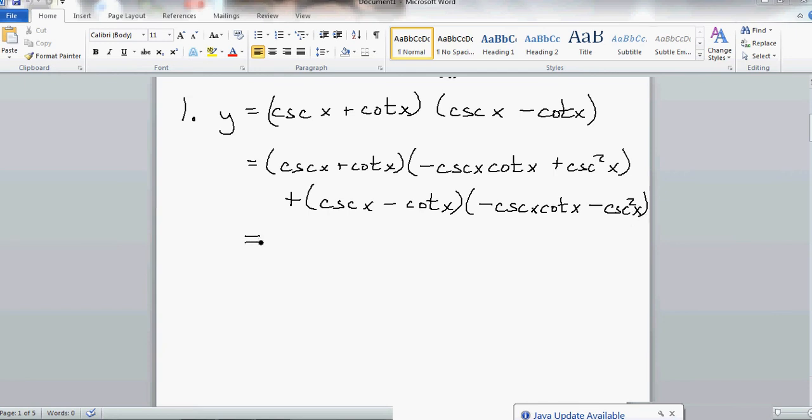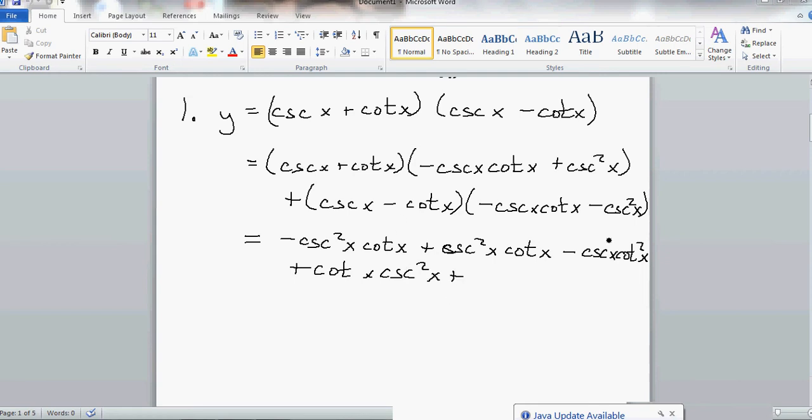And now it's just a matter of combining them all together. So FOILing this out, we get negative cosecant squared x cotangent x plus cosecant squared x cotangent x minus cosecant x cotangent squared of x, and the last terms gives cotangent x cosecant squared x.